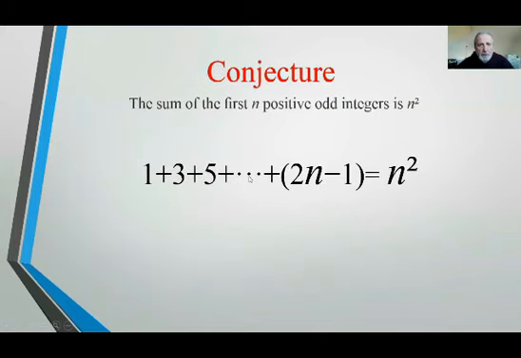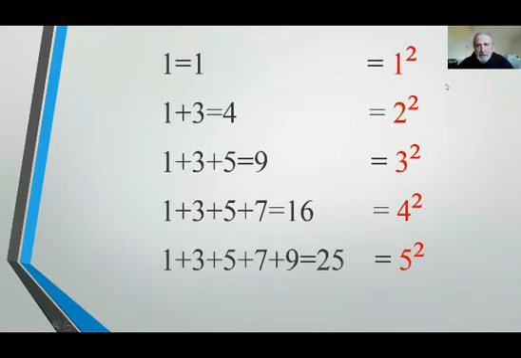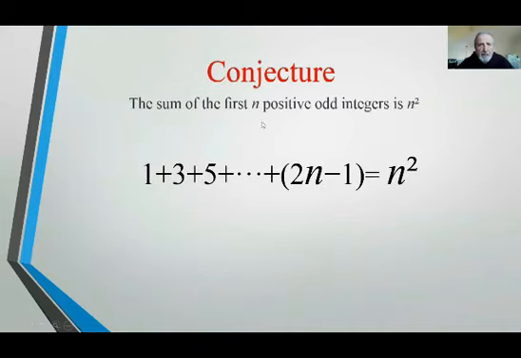Now, seeing this taking place for these few steps, can we then say that for any n, the sum of the first n positive odd integers is n squared? That's the question that we need to answer.